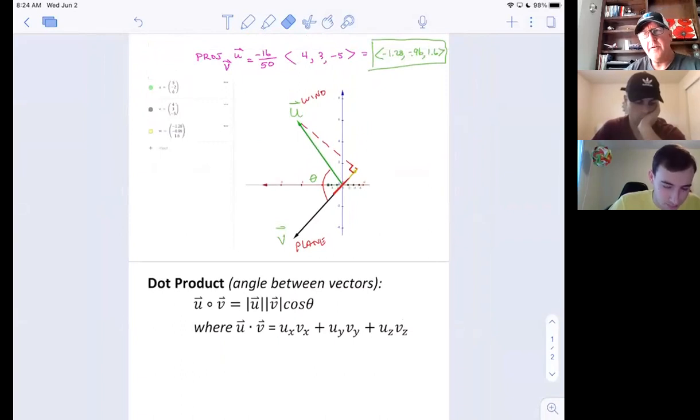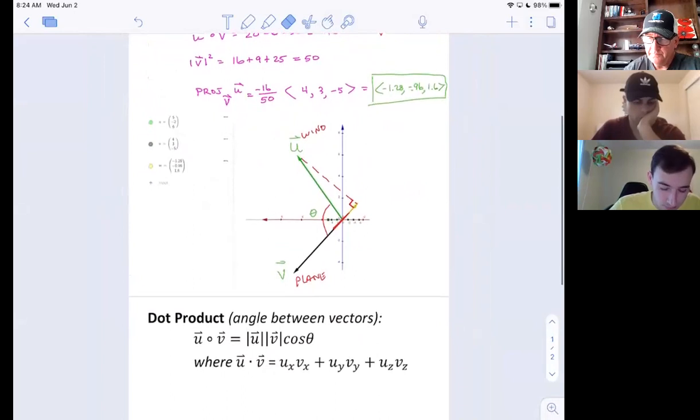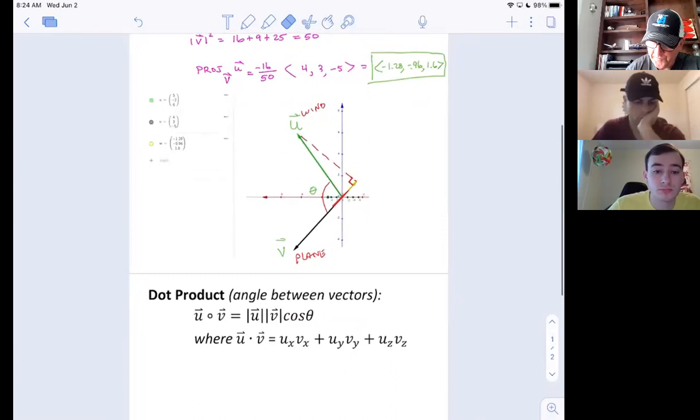So you should notice we already figured out most of those things in the previous problem. We know the dot product was negative 16. We know the magnitude of V was the square root of 50.